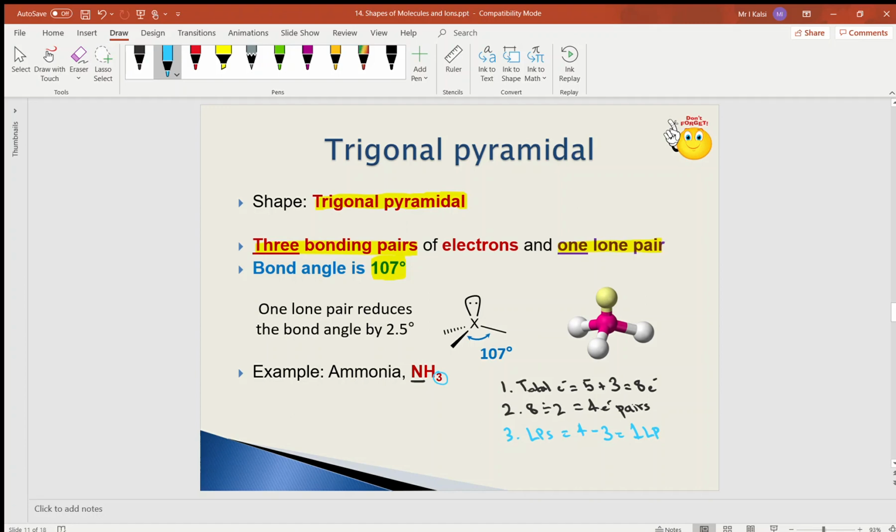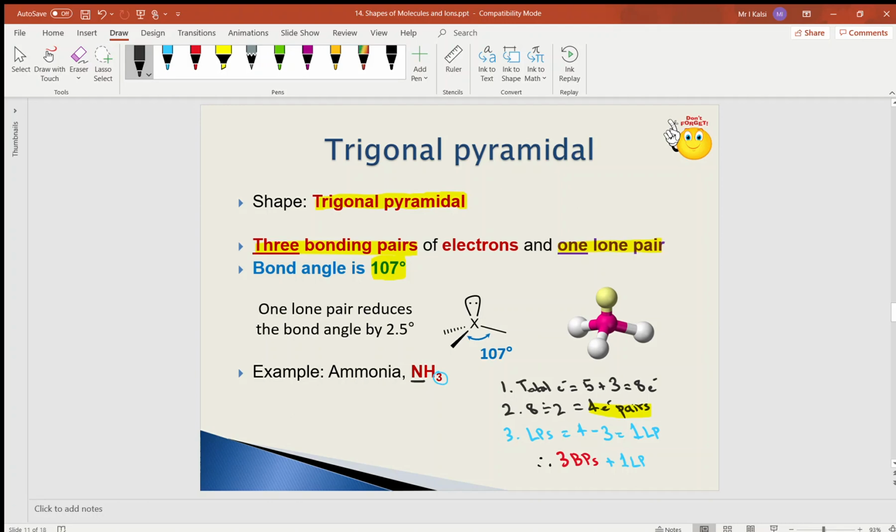So now it's a different story. Out of my 4 electron pairs, one of them is a lone pair. That must mean that 3 of them are bonding pairs. So I now have 3 bonding pairs plus 1 lone pair, and that gives me this shape in the middle, which is a trigonal pyramidal shape.